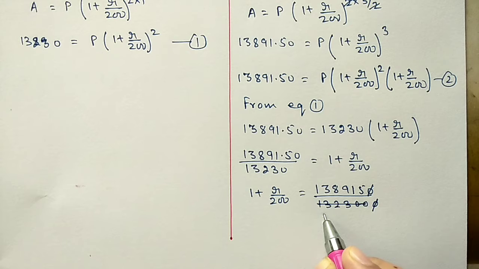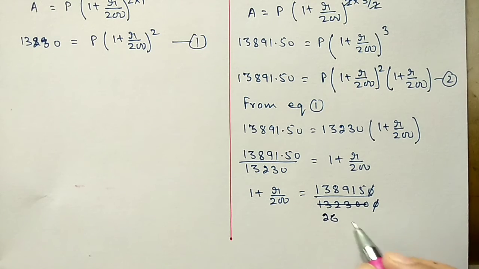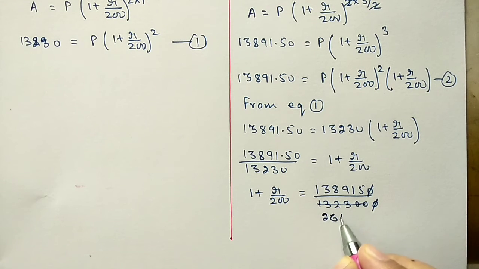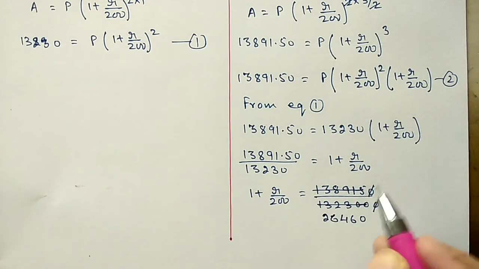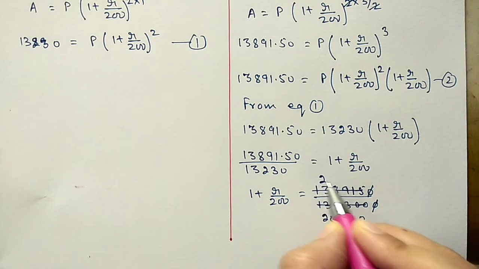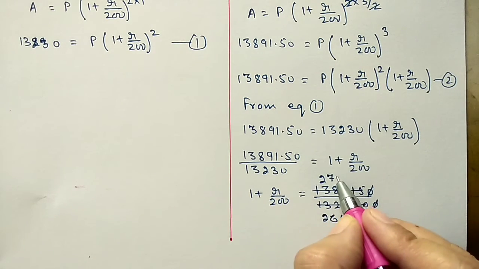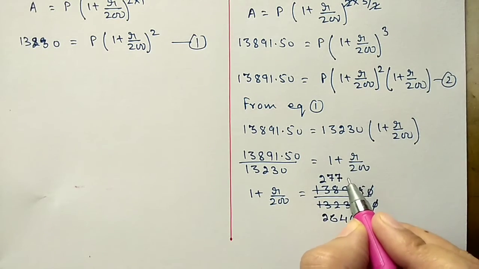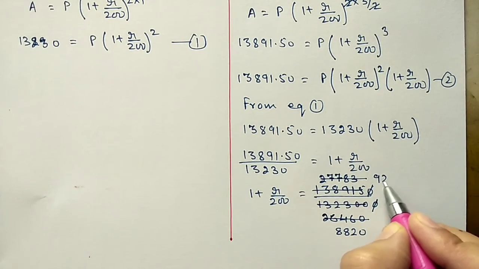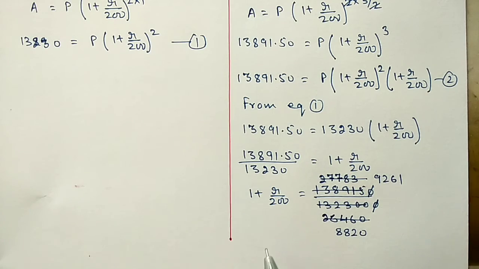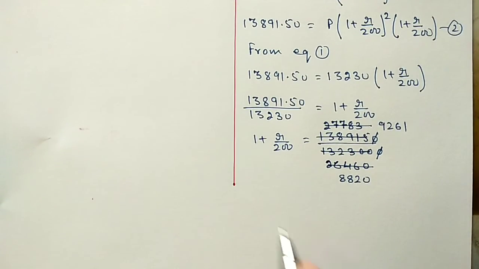Then we can cancel 5 2 times, 7 times, again 7 times and then 8 times and 3 times. One more time we can cancel with the 3 table. So this one we can shift to the other side now.